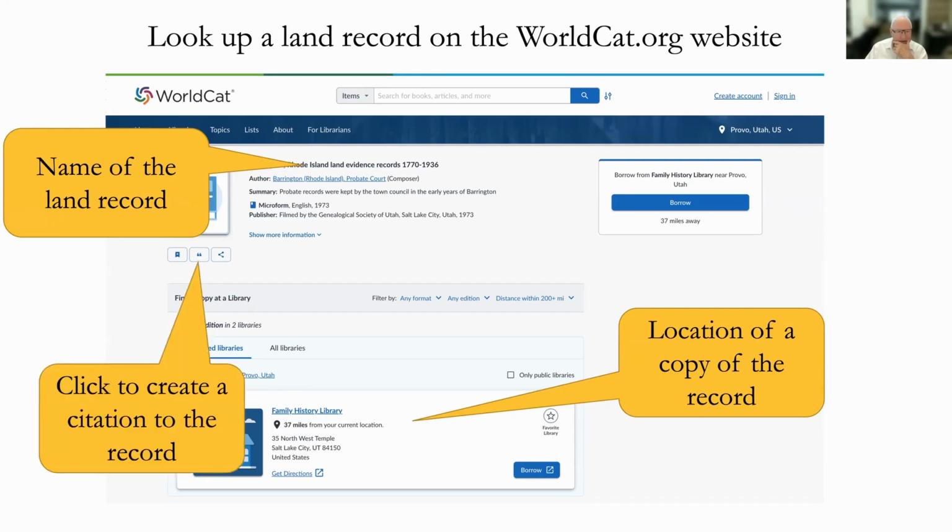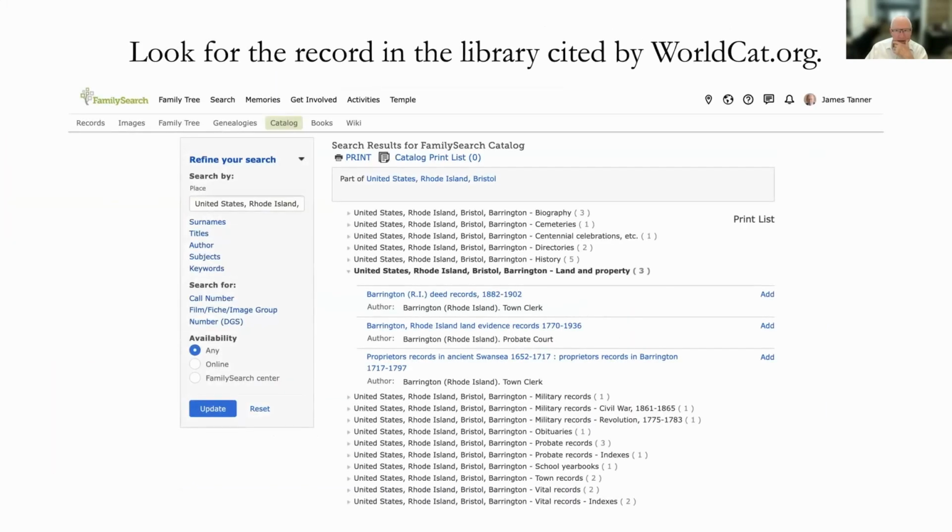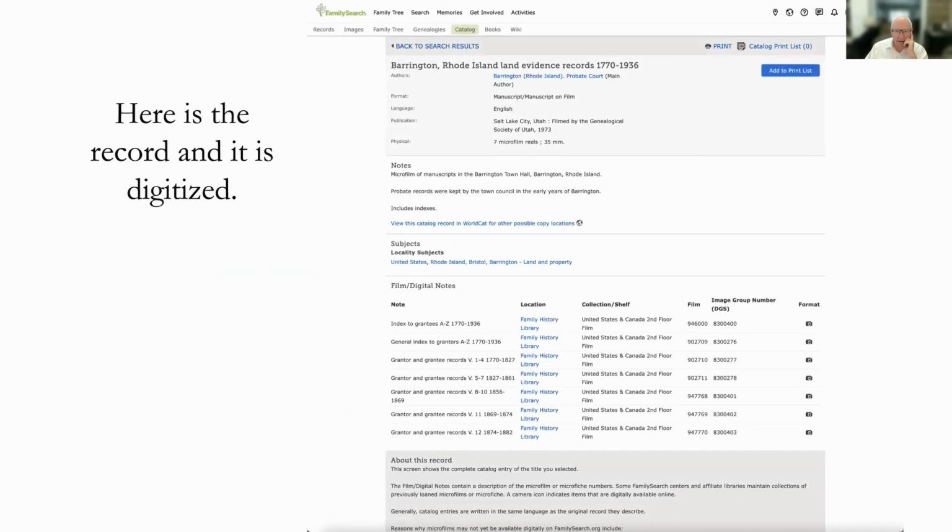And there's the citation. The little quote marks there let you quote it and get a citation. So there we go. Now if I click on that, I got that information. Now I'm going to look and see if it's in the library. And yes, there it was. And here's the digitized copy of the record that I've just found at WorldCat.